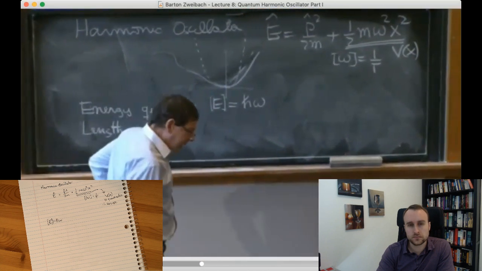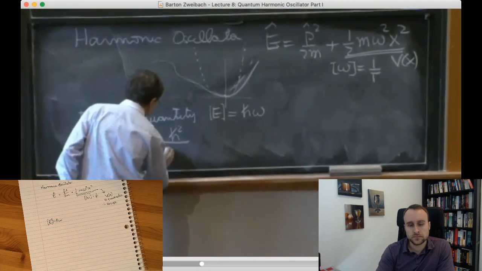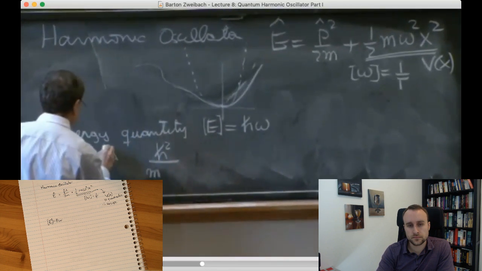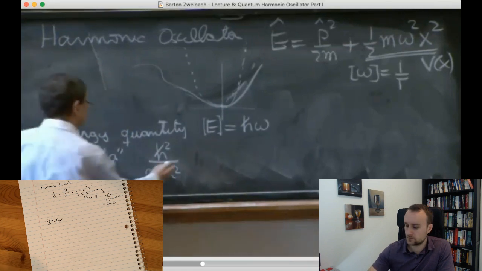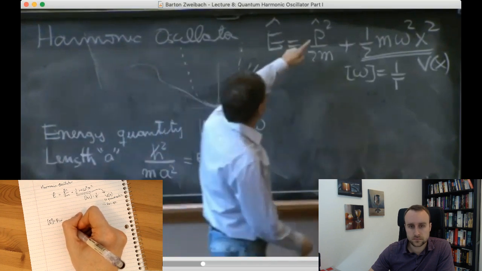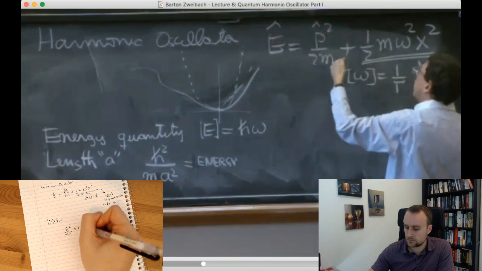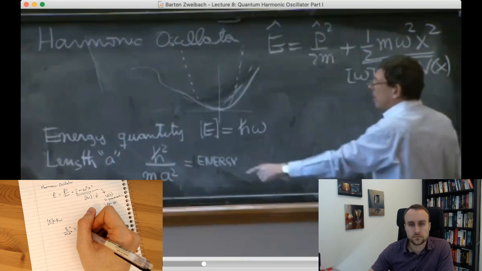So I know that energies go like h bar squared over m length squared. I'm going to call the length a. So h bar squared over m a squared has units of energy. You should remember that because energy is p squared over 2m, and p by de Broglie is h bar over some lambda, so h bar squared over m lambda squared is units of energy.